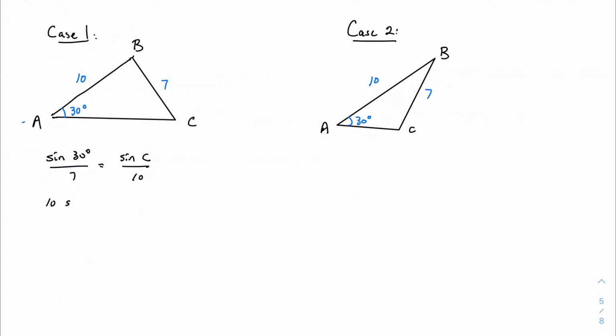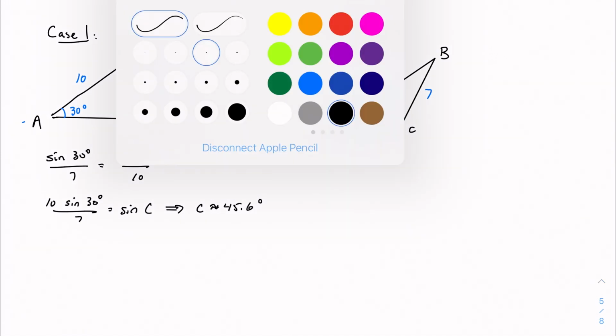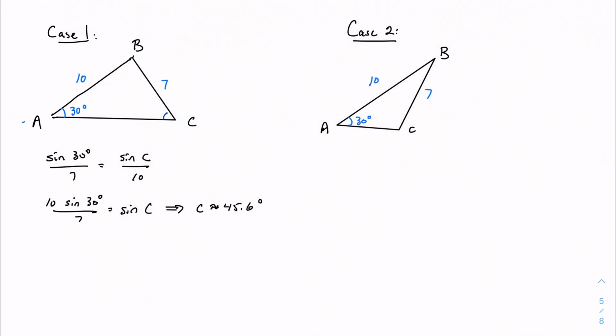So I know that sine C is going to be 10 sine 30 over 7. And if I use my inverse trig functions, I get an angle of approximately 45.6 degrees. So again, I'm just going to mark that in just to keep track.